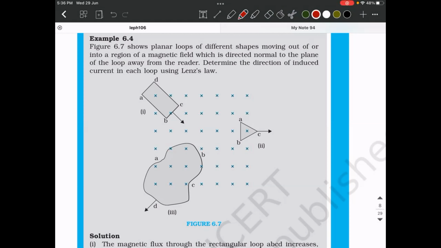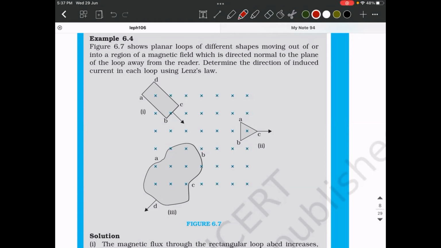Whenever you solve a problem based on Lenz's law, especially when you're facing a paper, the first thing is to understand which pole you are acting as. Paper is receiving the magnetic field lines. Which pole has a tendency to receive field lines? South. So your paper is acting like a south pole. If that is the case, who are you? We are a north pole.